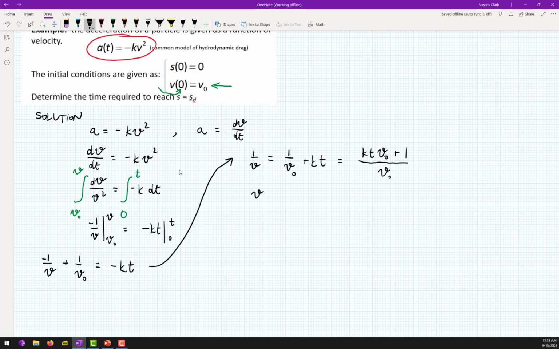So our v is equal to v0 over (k v0 t plus 1). This is the expression for velocity.